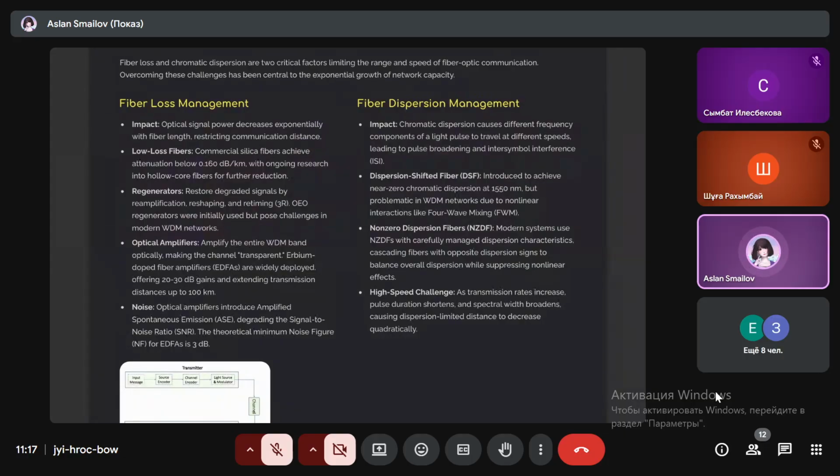And there's the noise. Optical amplifiers introduce amplified spontaneous emission, degrading the signal to noise ratio. The theoretical minimum noise figure for EDFAs, erbium doped fiber amplifiers, is decibel.